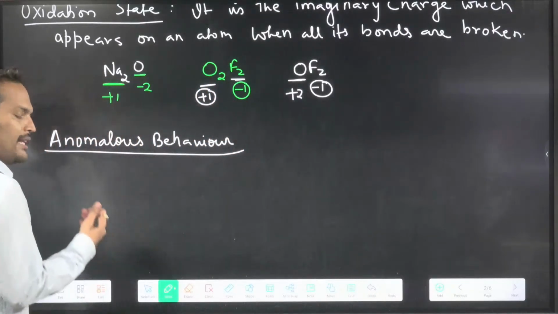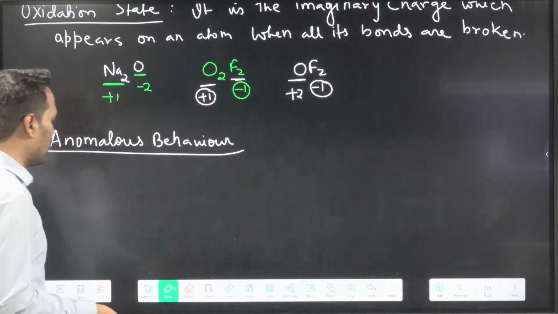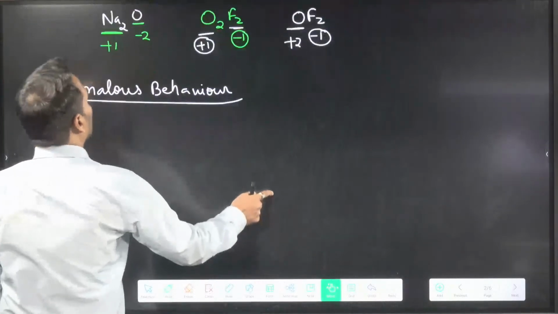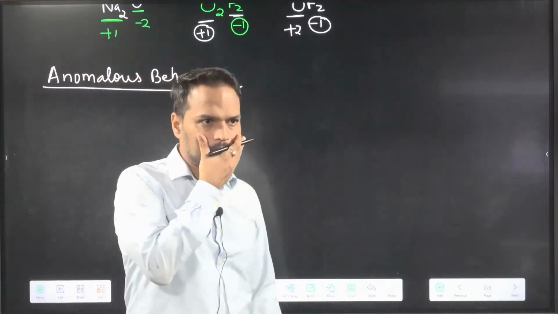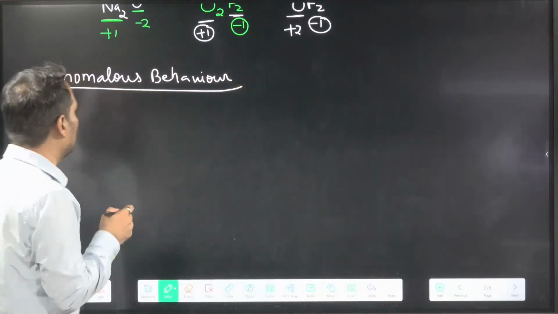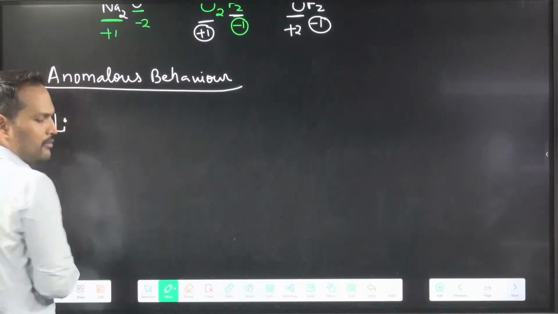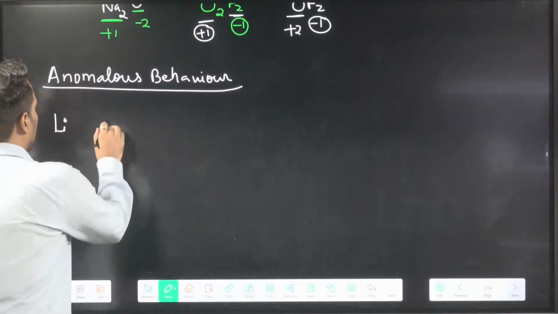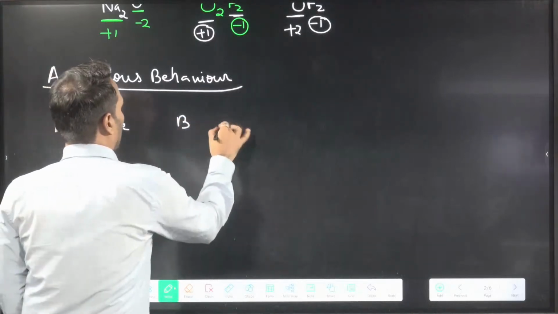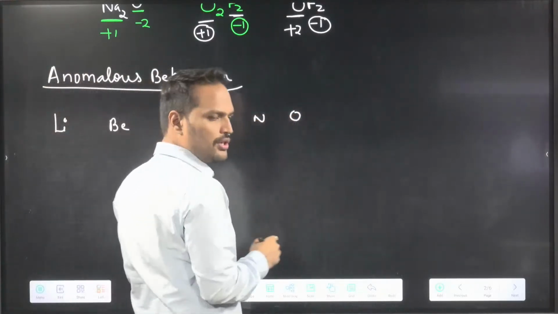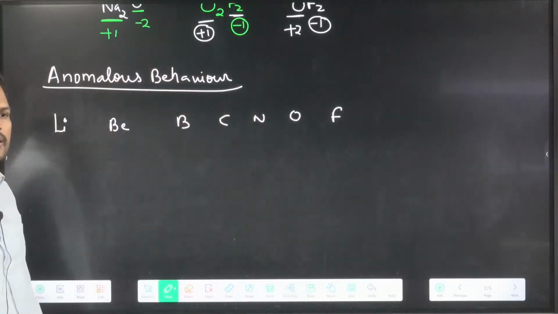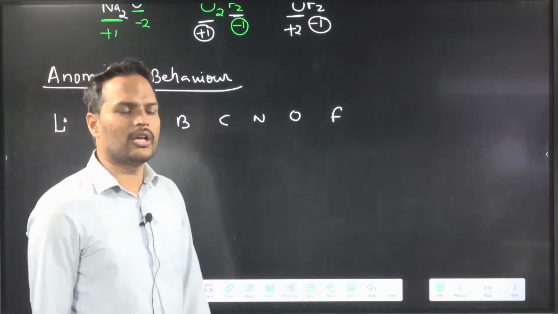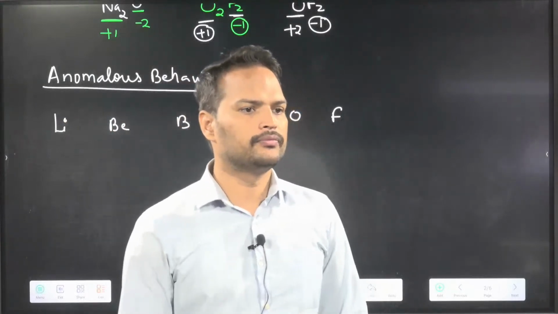So we say that second period elements. Who are the second period elements? Can you tell me? You will say, sir, very easy. I will start with lithium: lithium, beryllium, boron, carbon, nitrogen, oxygen, fluorine. Not alkali metals, we are talking about the second period.